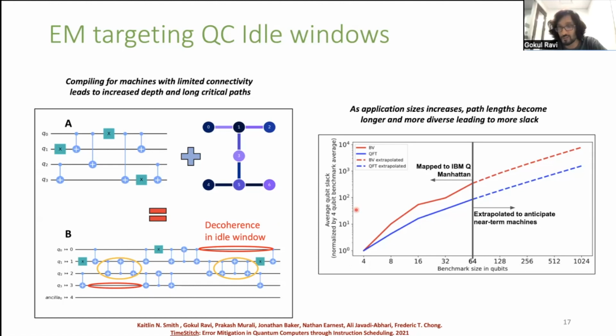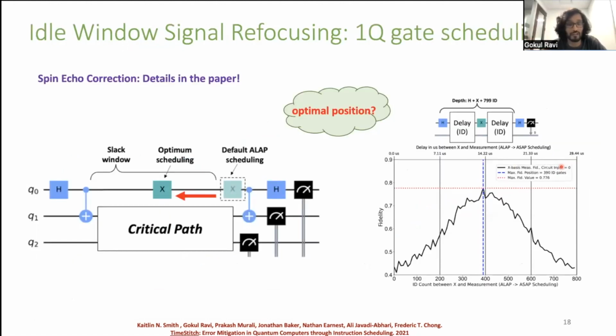And the other aspect, which is shown to the right, is that this kind of idle window and the decoherence which can happen in them is an important problem in the long run, because as these benchmark sizes increase, which is shown on the x-axis, the amount of slack or idle window you see in your circuits, which is shown on the y-axis, continually will increase. And the more you have this idle time, the more you're going to lose fidelity through decoherence, which I described. So it's imperative to tackle decoherence.